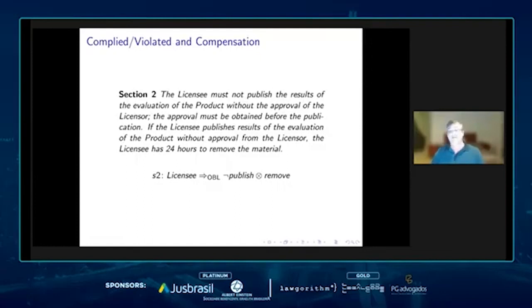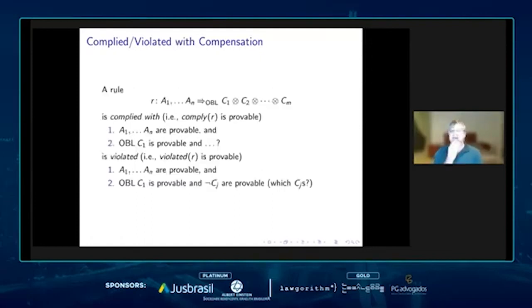Well, based on these discussions, we can extend the definitions. Instead of a single element in the conclusion of a prescriptive rule, we have a chain considering a possible obligation and the possible compensations, and then we could have different possible meanings. Of course, the rule must be triggered, and then at least the first element must be provable, plus additional conditions.